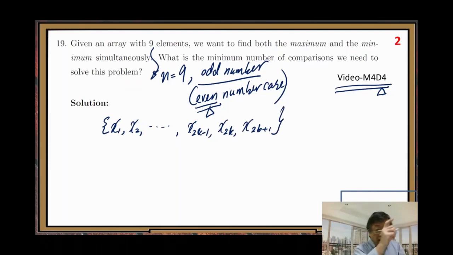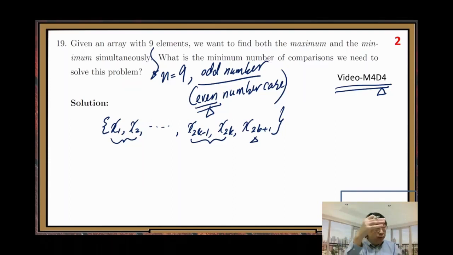Based on the method we used in that video, remember we grouped them in pairs. The first pair, second pair, and so on. The last pair, but we have a singleton left. For the even case, there is no singleton. But for the odd case, there is one singleton left.